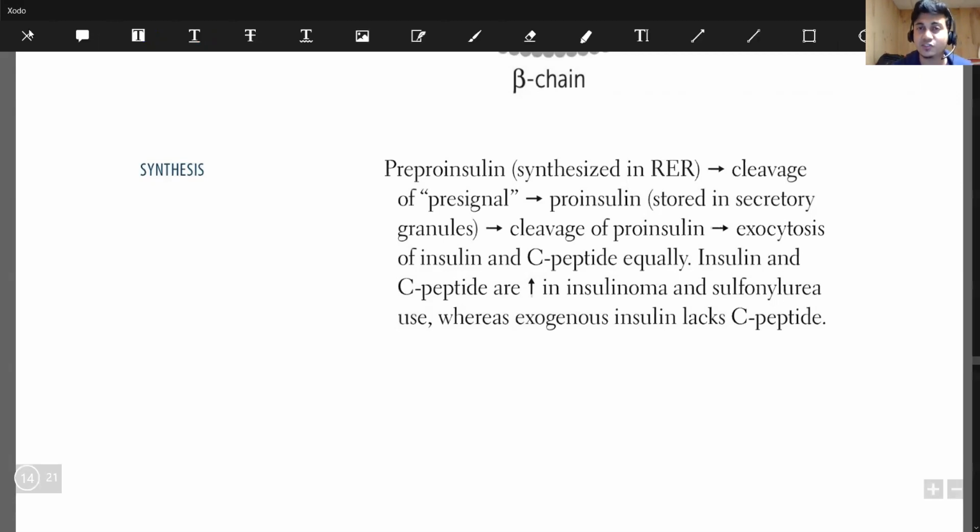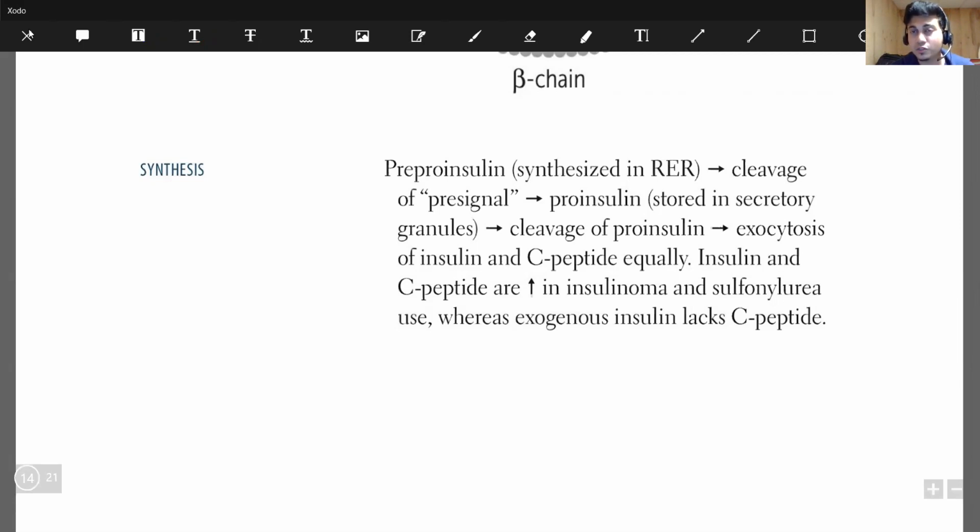That means someone takes the insulin exogenously. Usually, the insulin we have in the market or in the pharmacy is synthetic insulin.